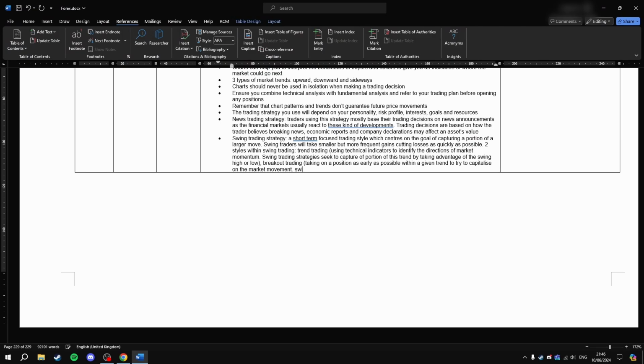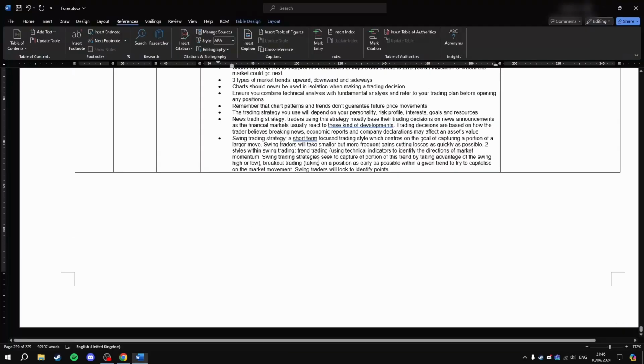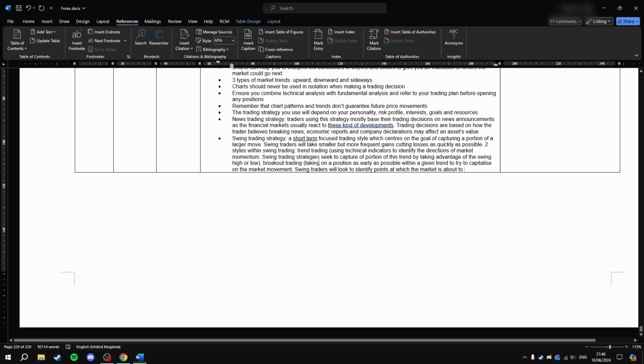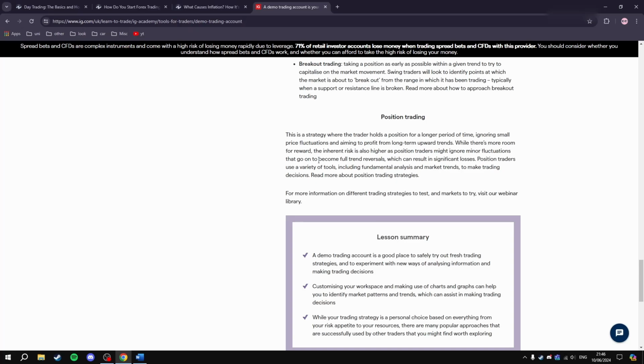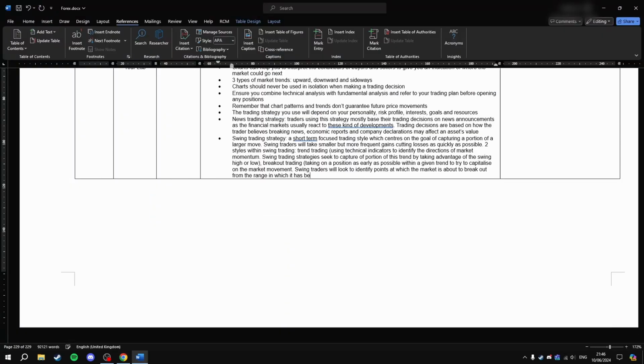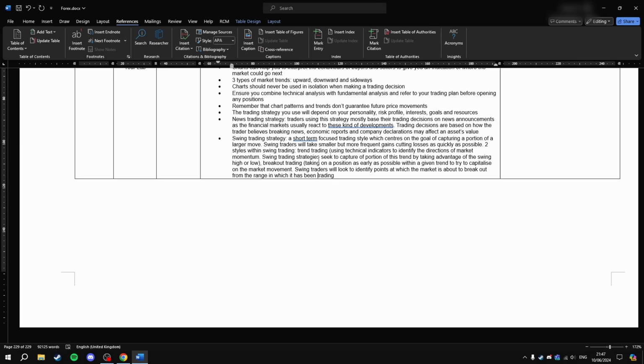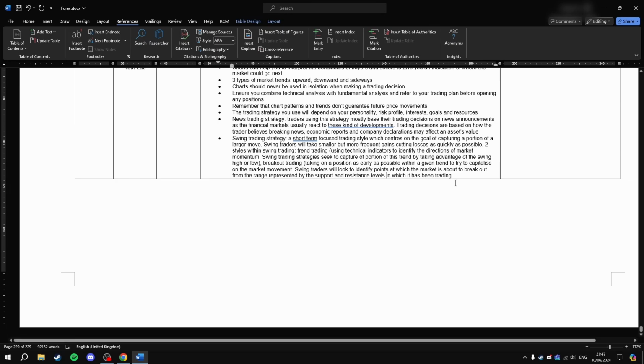So swing traders will look to identify points at which the market is about to break out from the range represented by the support and resistance levels in which it has been trading.